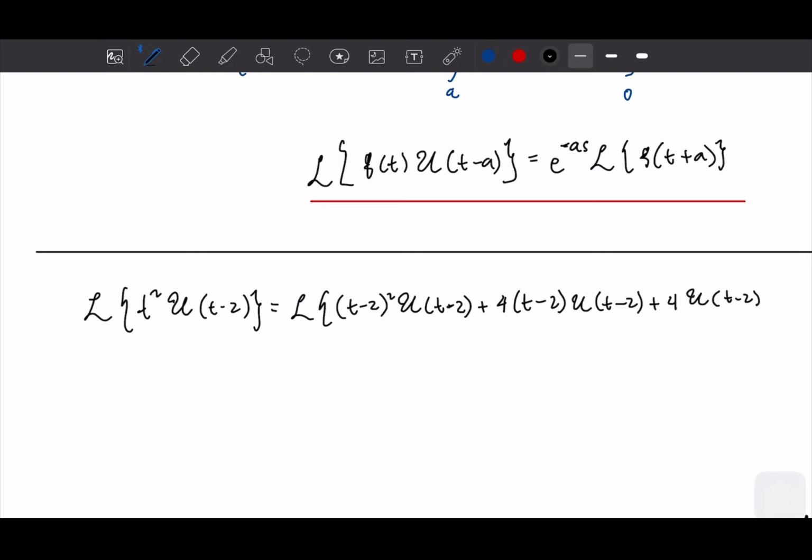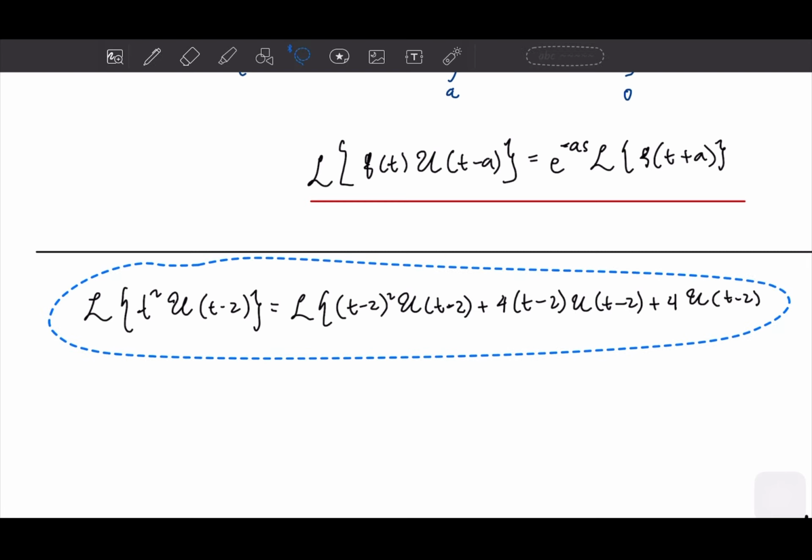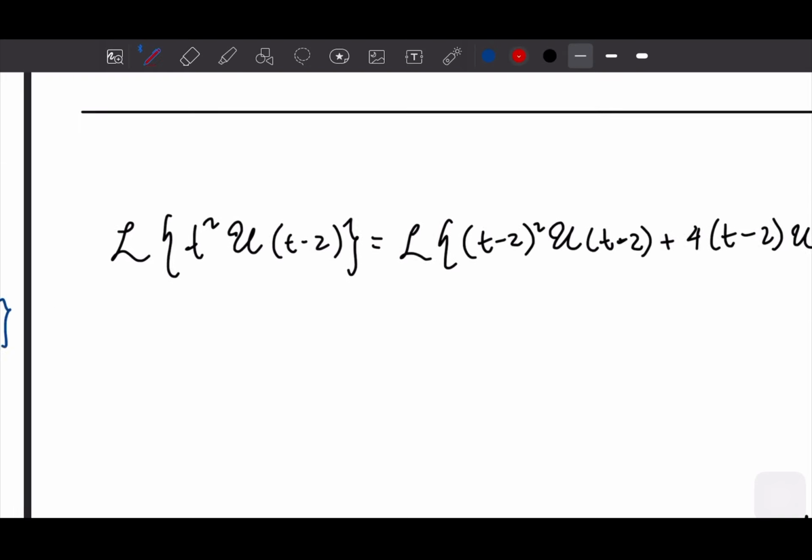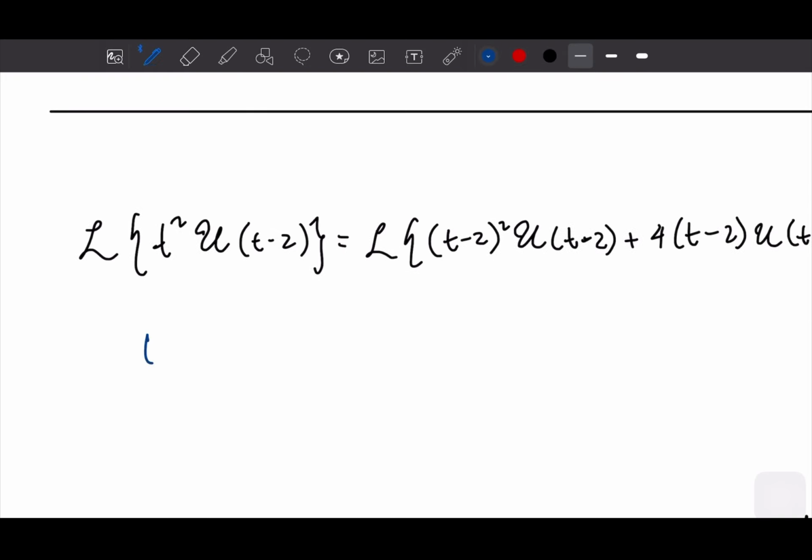I'll write the final results as well, but actually you need to prove this to be correct. You need to verify first that the t squared is this.